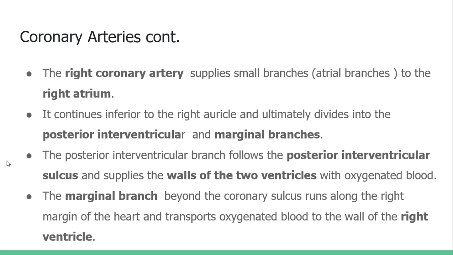Coronary arteries, we are continuing. The right coronary artery supplies small arterial branches to the right atrium. It continues inferior to the right auricle and ultimately divides into the posterior interventricular and marginal branches.